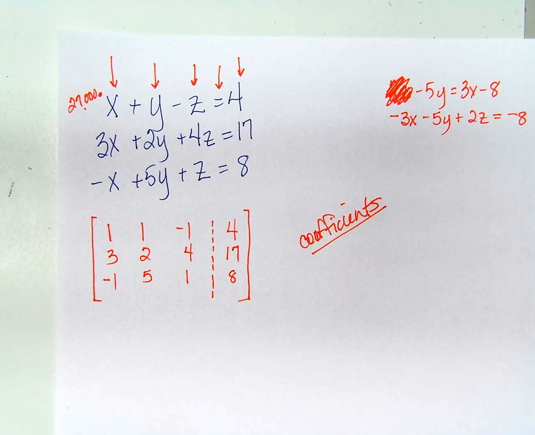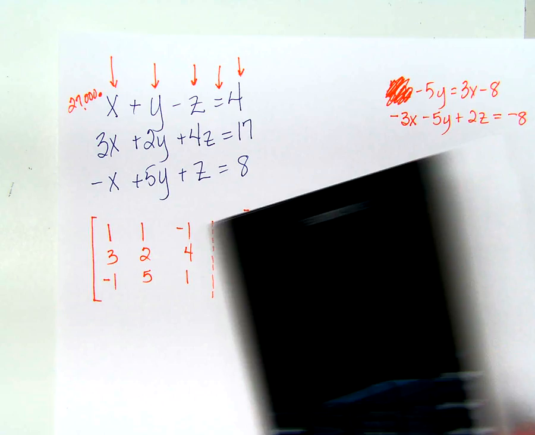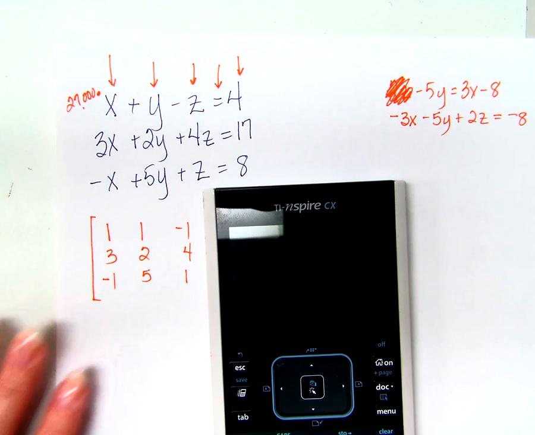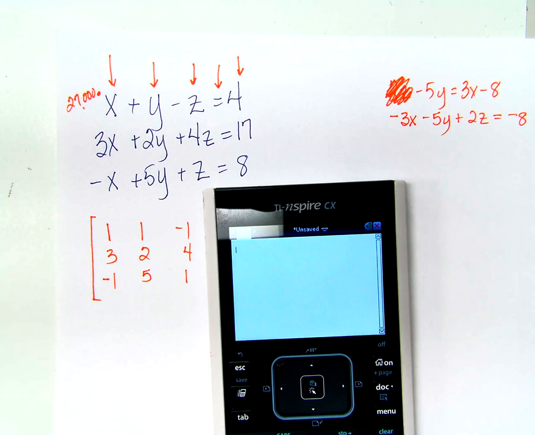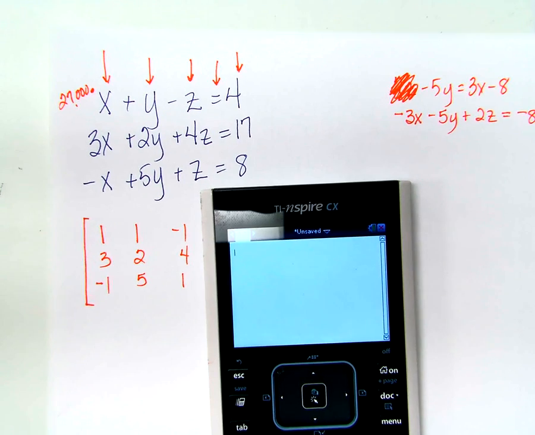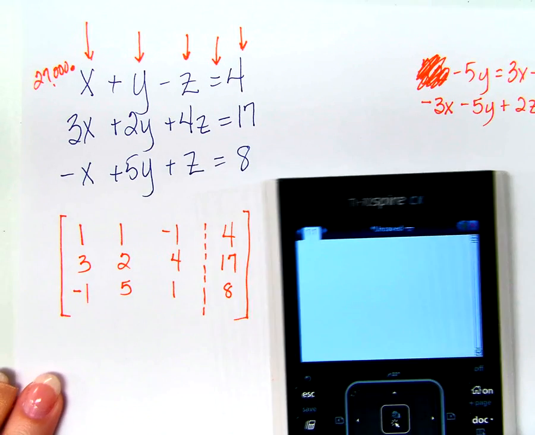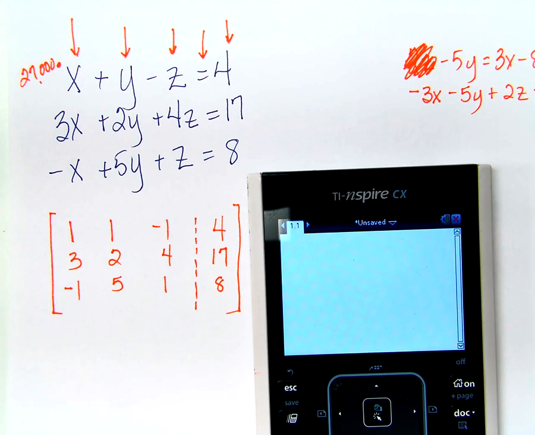Okay, so far? Then I grab my calculator. First things first, turn it on. You like that step? Okay, good. All right, I'm going to turn it on. Now, I go to home. No, menu.